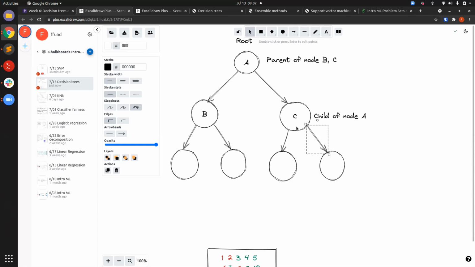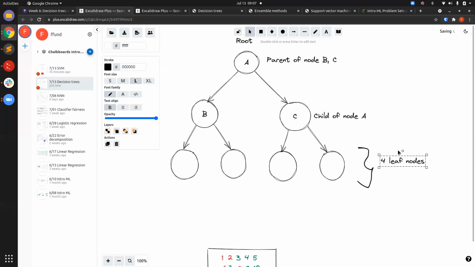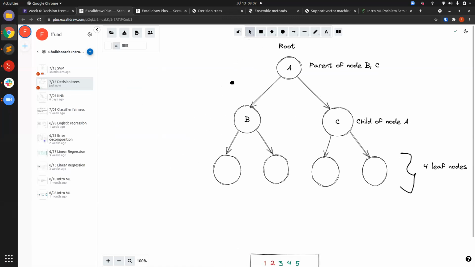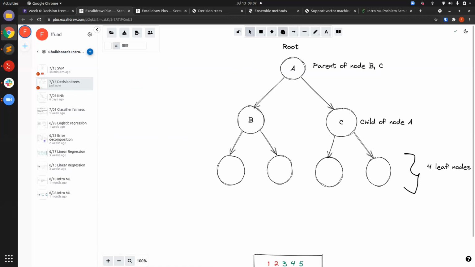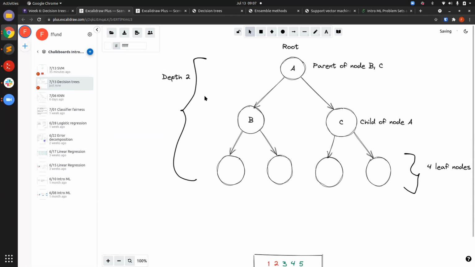These nodes at the very bottom are known as leaf nodes. So I have 4 leaf nodes at the bottom that don't have any children. And we can also refer to the depth of a tree. So the entire depth of this tree from root to leaf is 2. Okay. So now we have some common terminology for talking about trees.